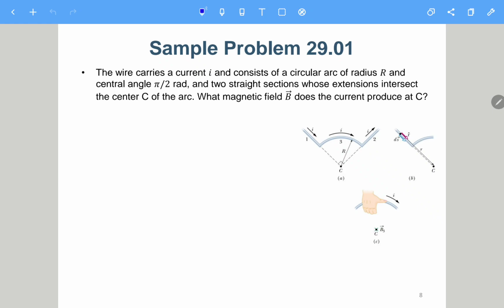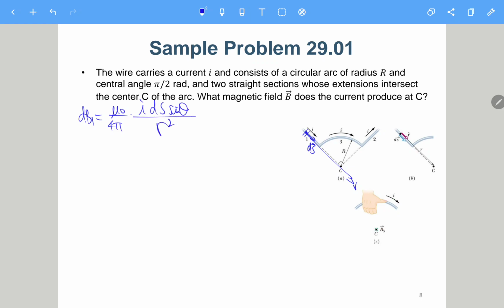So let's see. For this one, ds is pointing to this direction, and then the r-axis also points to the same direction, which means that dB1 will be mu 0 over 4 pi times I ds sine of theta over r square.